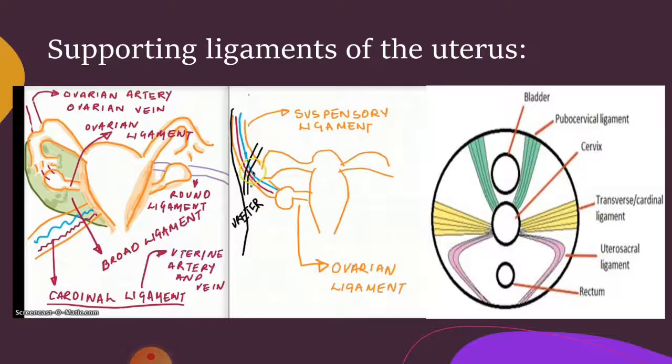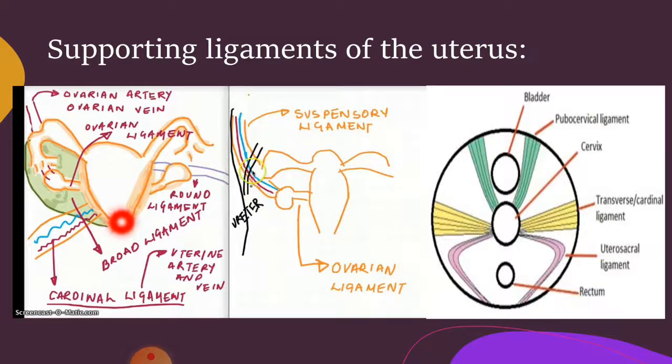So the very first ligament that we are going to discuss is the broad ligament. In this image we are looking at the uterus from the interior aspect, in an axial section. This broad ligament, as you can see, is covering the uterine tubes.